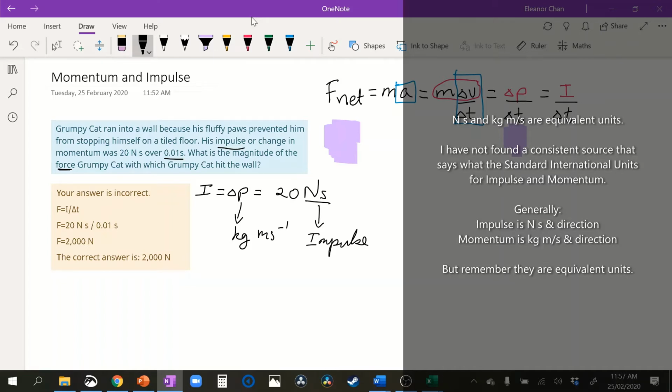It's not always clear to me, I'll be honest, about when Newton seconds and kilograms meters per second. But what you do need to understand is that usually, from what I've been told in the past, impulse is Newton seconds, and then momentum is kilograms meters per second. Sometimes they get interchanged, but I just needed to tell you about that, or where they come from. They are equivalent units, okay?